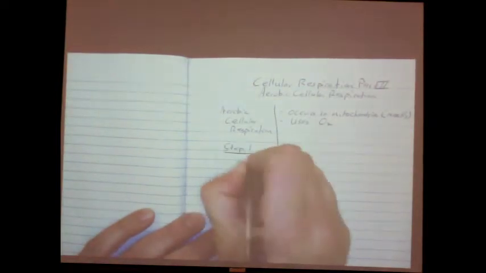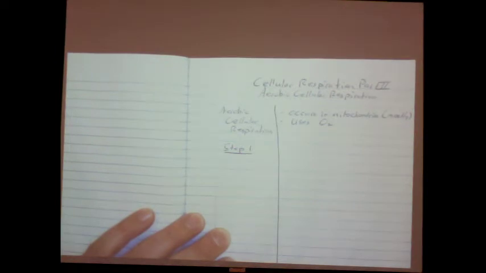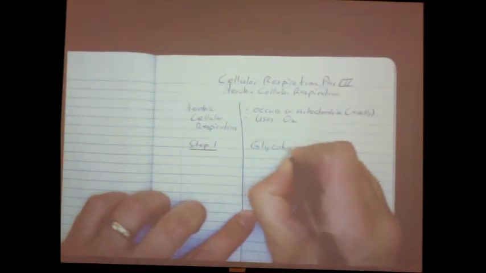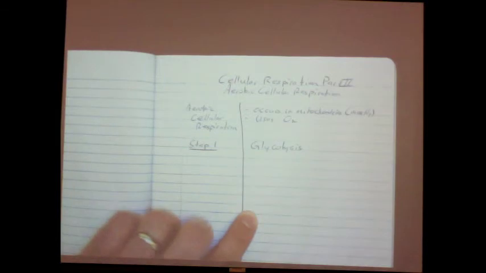Step number 1, on the left side of our line. Step number 1 is called glycolysis. Glycolysis, which is exactly the same as step number 1 in anaerobic respiration.